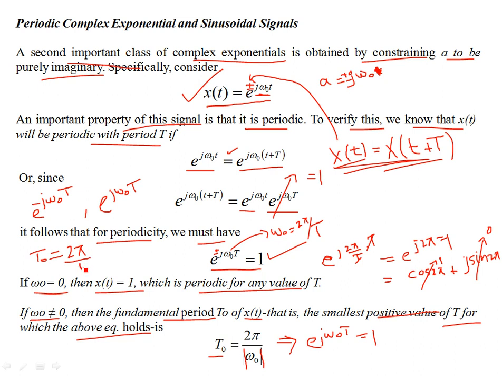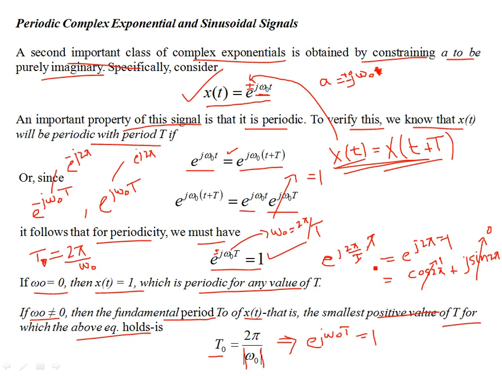It doesn't matter what the sign is, because if you substitute this for t in these equations, for this case it will be e^(-j 2 pi), and in this case it will be e^(j 2 pi). You see, there is no difference between plus minus 2 pi, because cosine is an even function.